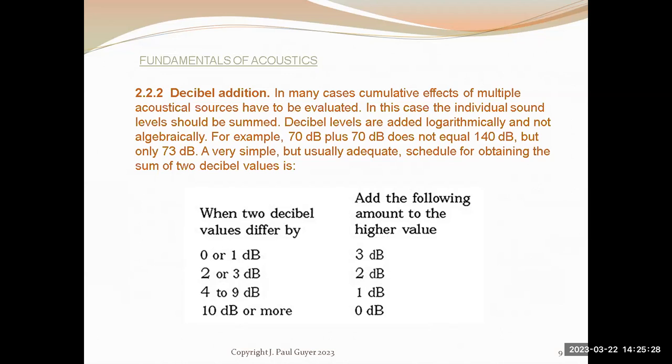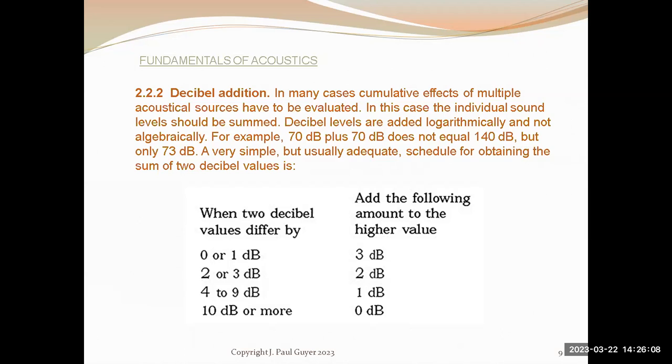Now, you might say, okay, that's very interesting. Suppose, as an example, I have two sources of sound in a source room, the noisy room, and they are producing sounds of different decibel levels, and I want to add them together so that I can characterize what I or a human receiver would actually be perceiving.